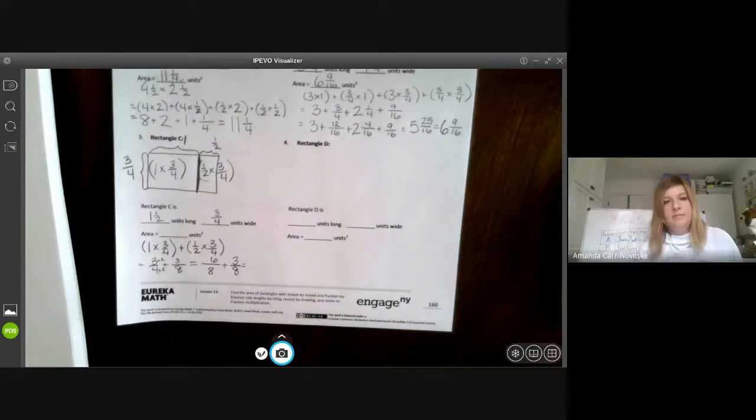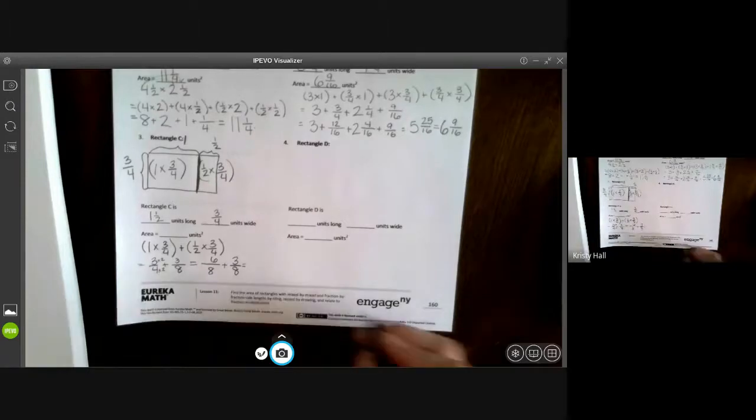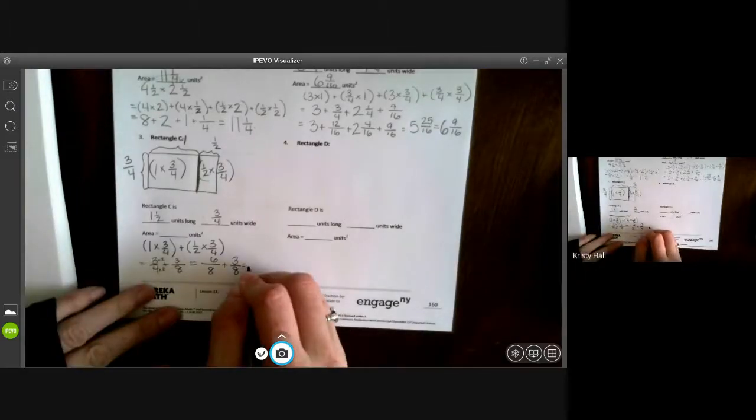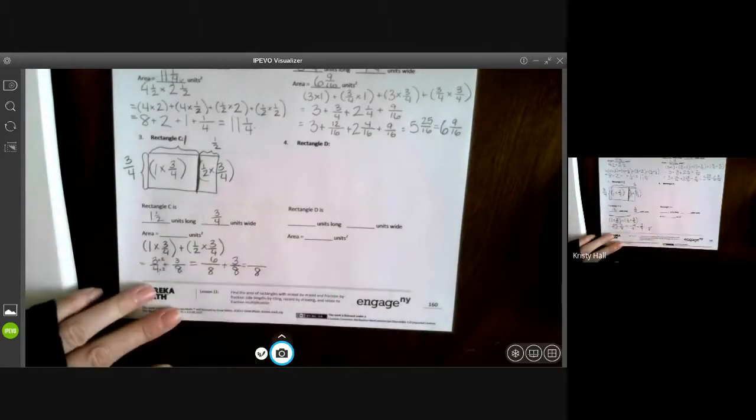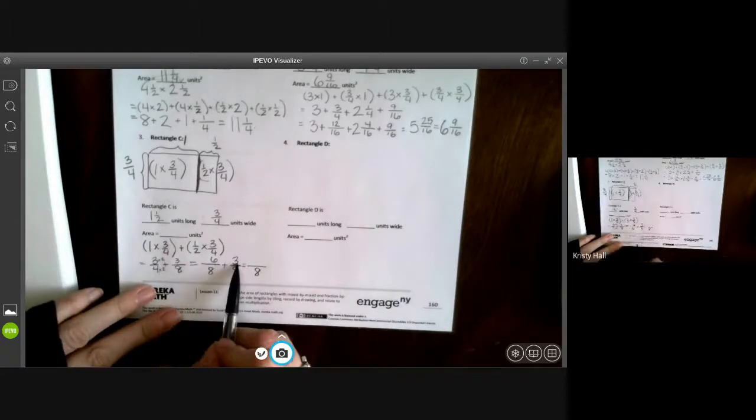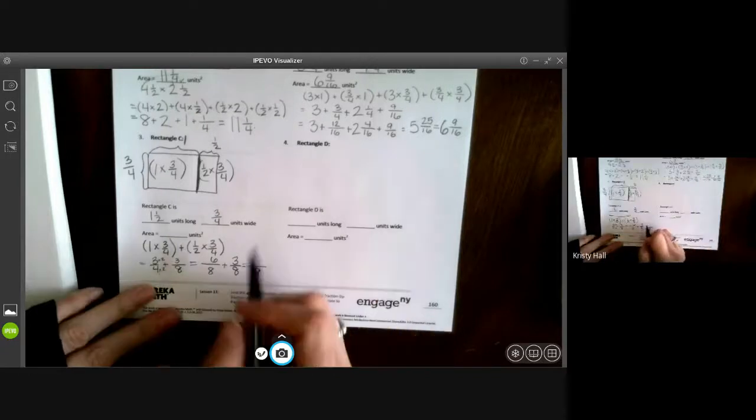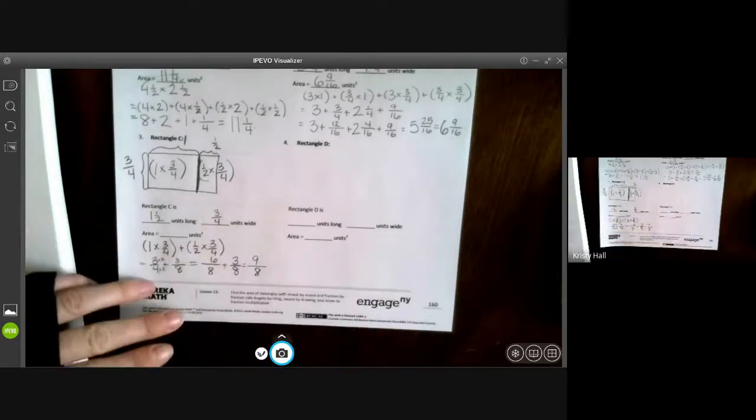So since my denominators are the same, I can add. Remember when we add, the denominator doesn't change. I just add on the top. 6 plus 3, 6, 7, 8, 9. Get 9/8.